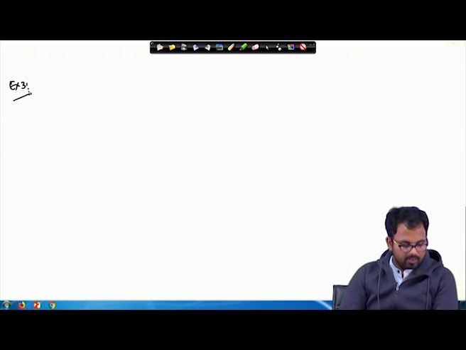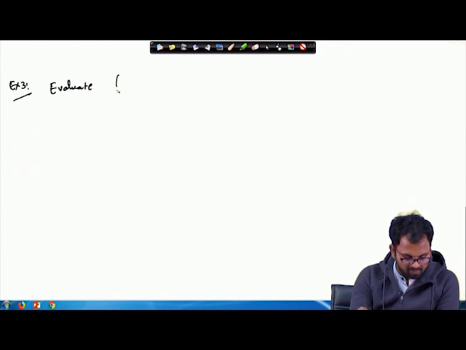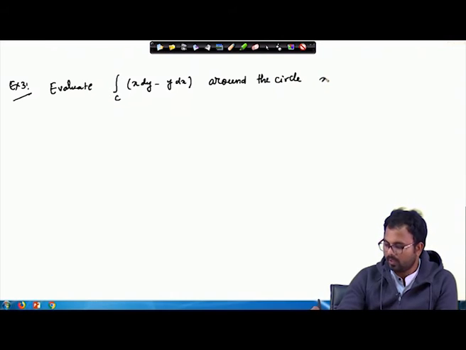We will now move on to our next example, example 3. Evaluate the integral over C of x dy minus y dx around the circle x square plus y square equals 1.